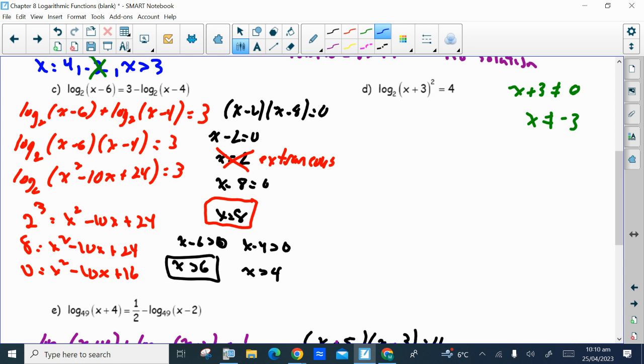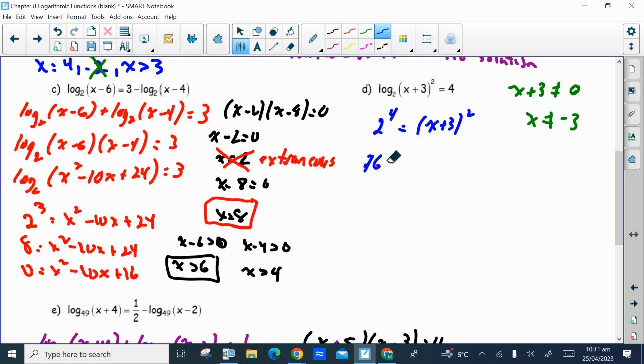So to solve this, to do it properly, I would convert from logarithmic to exponential. I would start with the base and cycle through, which will give us 2 to the power 4 equaling x plus 3 squared. And again, you have to keep that squared there because the argument is a quadratic.